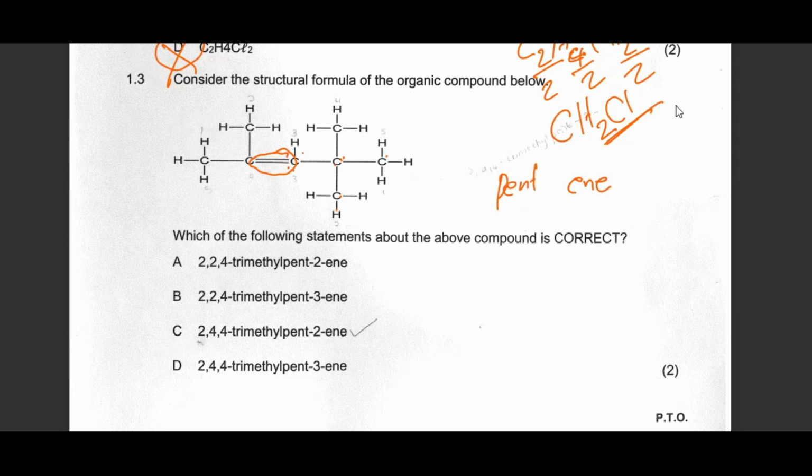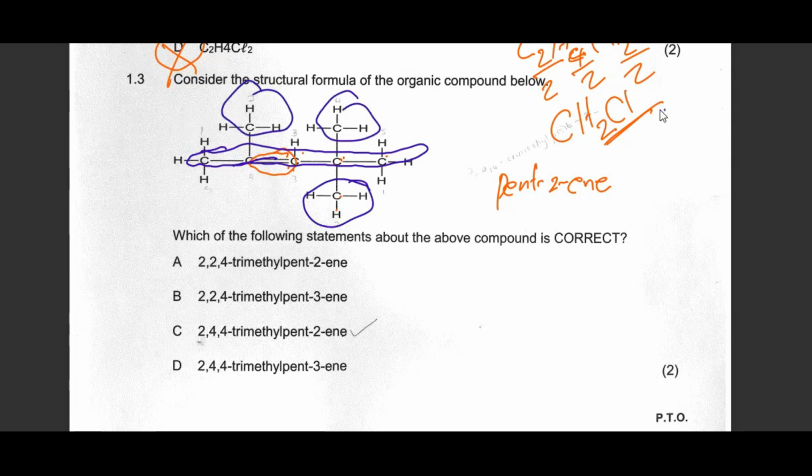But for this pent, I need to know the position of the double bond. It's 1, 2; 1, 2, 3. So I'm going to take the 2 because 2 is a little bit shorter. Now if I say that this is the longest chain, then this and this become the side groups.